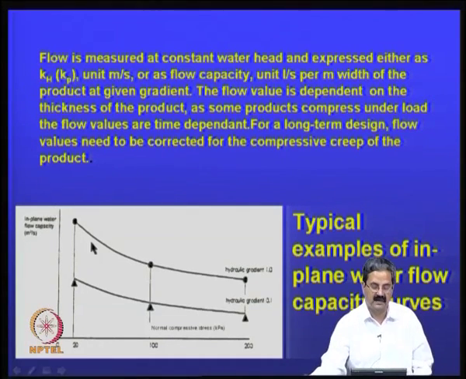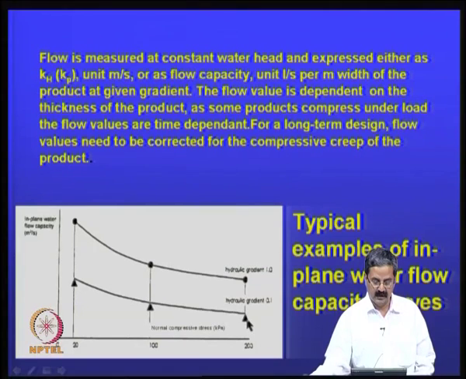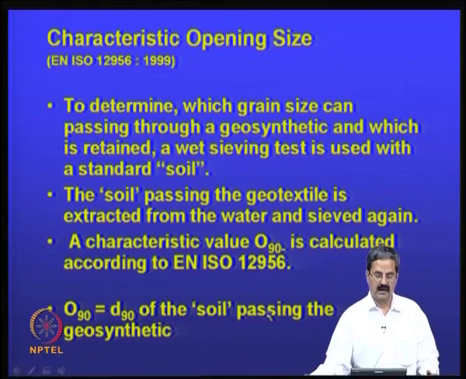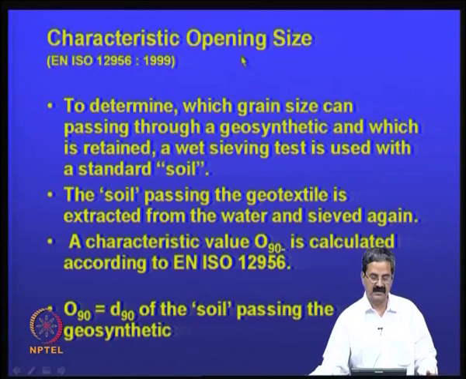Essentially I would like to say that the drainage is an important parameter, and it is a function of the material, its size, thickness and also the load applied. As I just mentioned, the apparent opening size or the size of the geotextile is another important parameter.